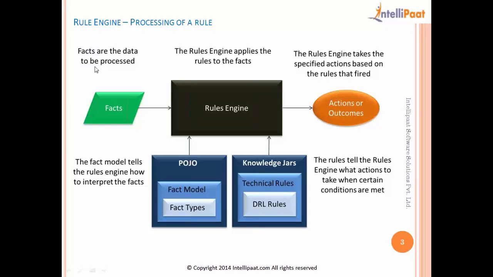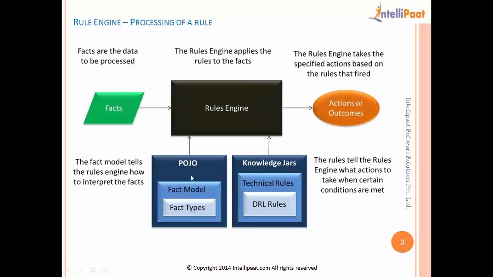So facts are the data that is to be processed. When the rule engine is in execution mode, when we want the rule engine to apply rules on some data, we need to give it some data. That data is a fact. That is the incoming data into the rule engine. Actions or outcomes are the actual consequence of applying the rules on the facts. So the fact model tells the rules engine how to interpret the facts. Facts are the actual data that is to be processed, that's the incoming one.